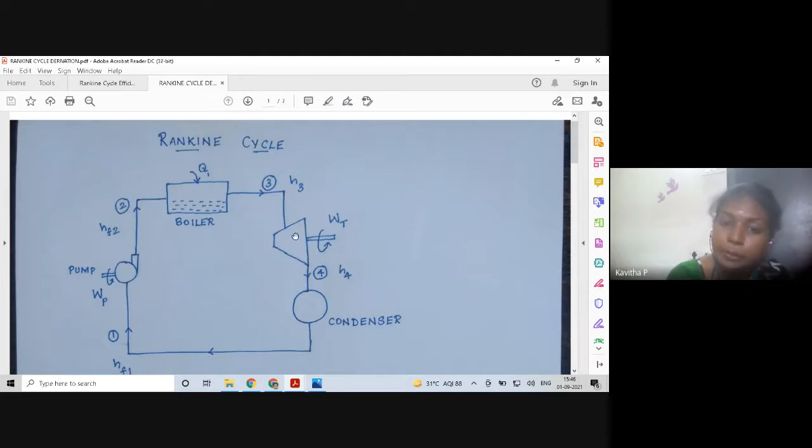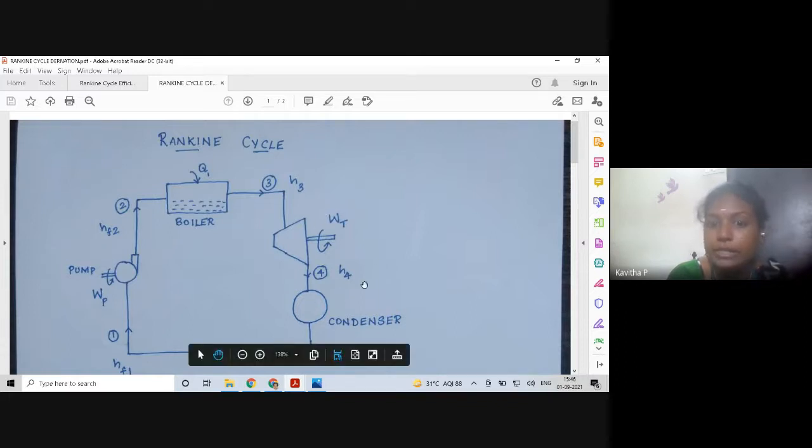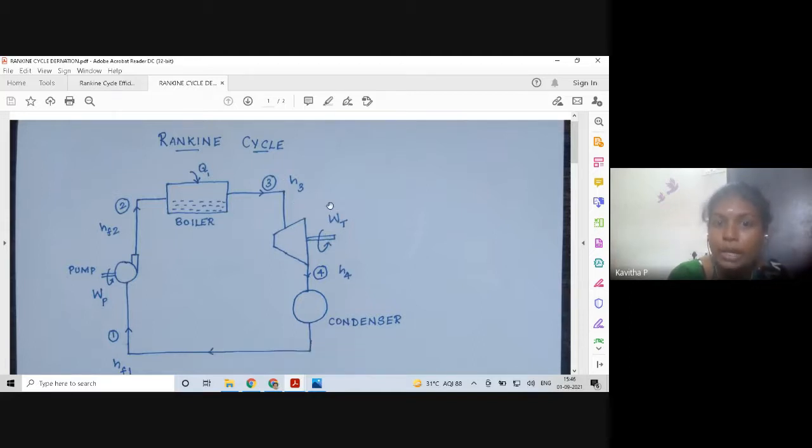So what is the input to the turbine? H3 is the input which is given to the turbine, and there are two outputs derived from the turbine. One is the Wt, which is the mechanical output taken from the turbine, and then H4 is the steam output from the turbine. So the equation will be H3 input equal to Wt plus H4, which are the two outputs from the turbine. Is it clear?